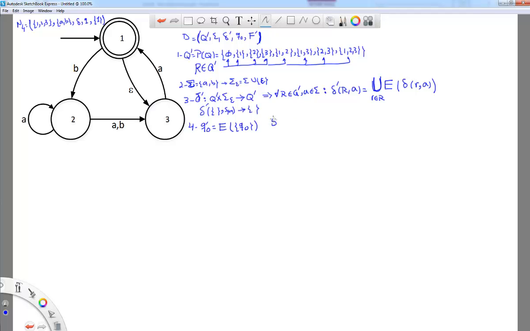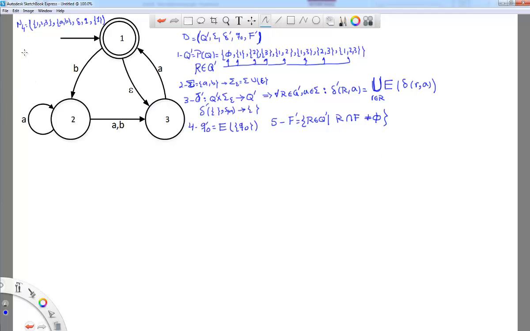And finally, F prime will be all states R from Q prime, so a set R from Q prime such that R intersect F is not empty, or that R contains at least one of the accept states of my original NFA. So now let's go ahead and build this and see how it works.